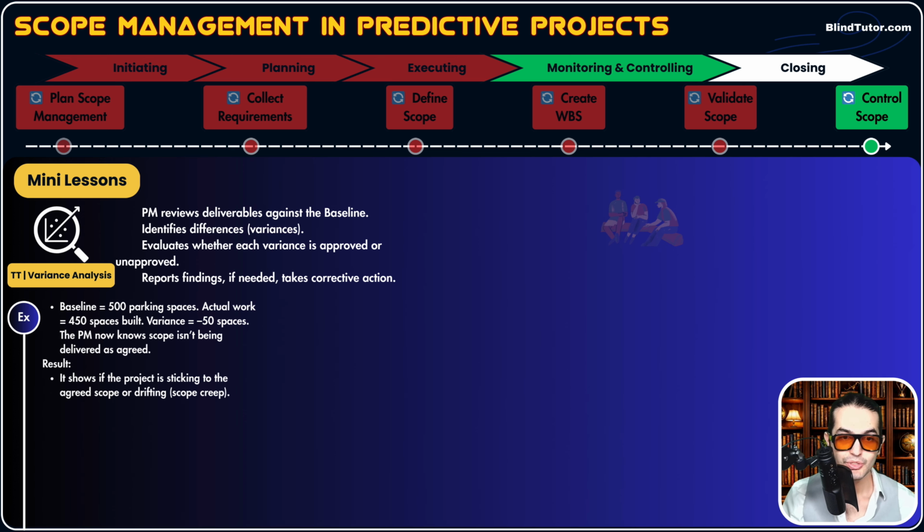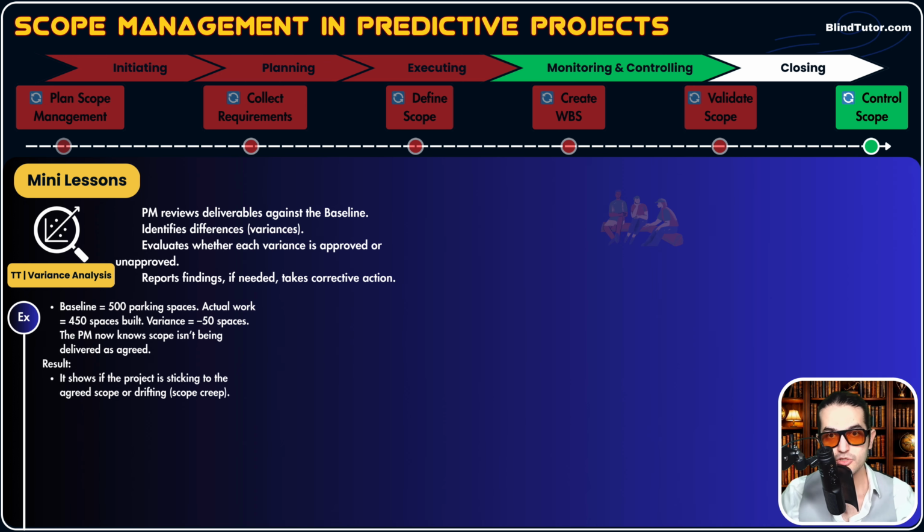Now you notice a variance of -50. Our actual deliverable has fewer parking spaces than the planned work. So you now know that scope isn't delivered as agreed. This is your finding. What do you do?